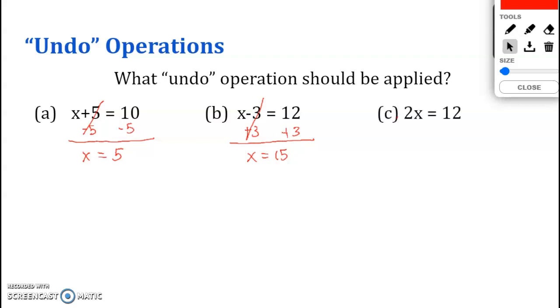Next, what if I have 2x is equal to 12? I am looking for a number that multiplied by 2 is going to be equal to 12. I want you to solve algebraically, not by guess and check, plugging in values to see which makes the equation true, because believe me, the numbers could be much more complicated, like 2 over 73 x is equal to 12.